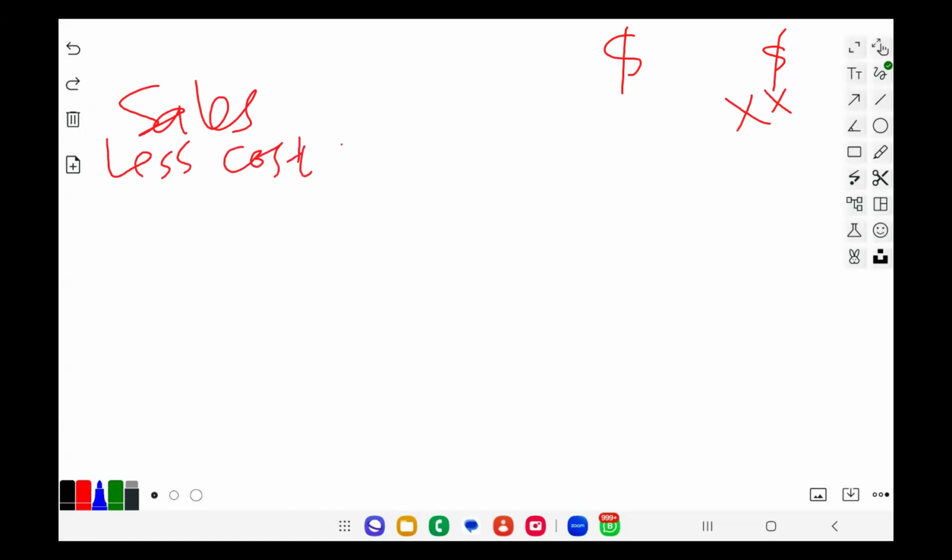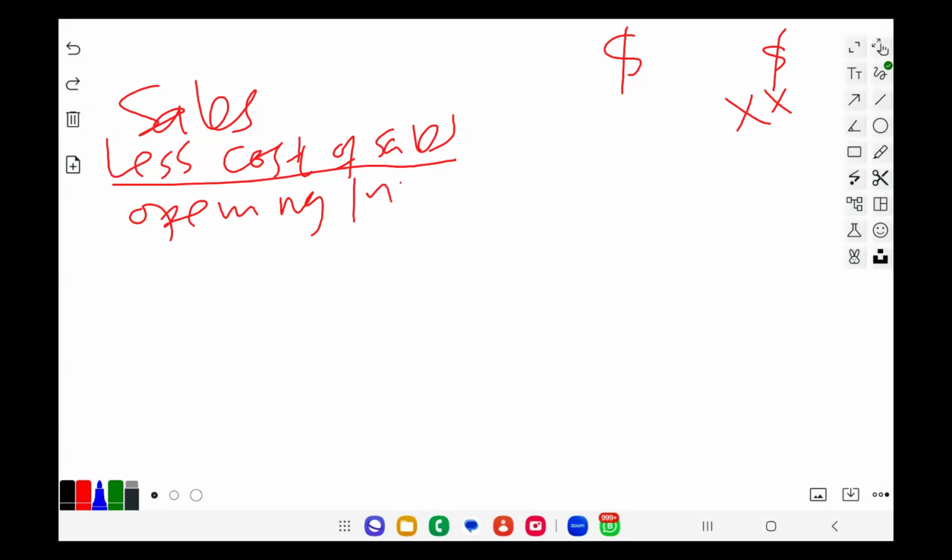Now, the cost of sales, this one is both the production costs and everything. Like, you're just deducting all the costs. This one starts with opening inventory as well. You will start with opening inventory.